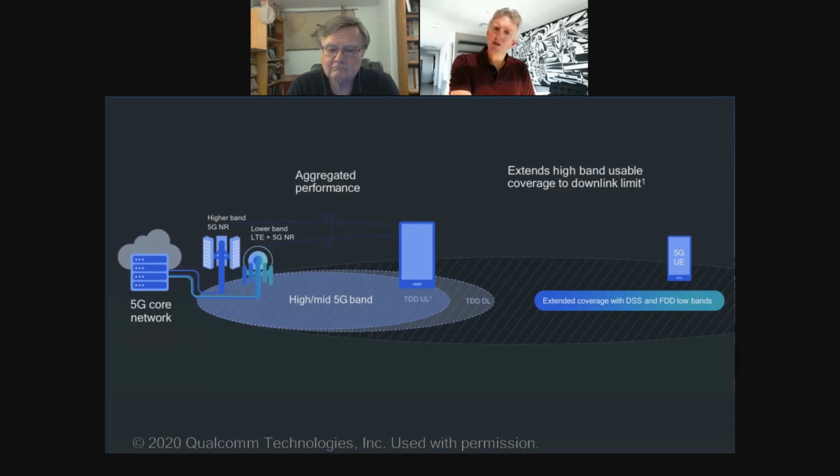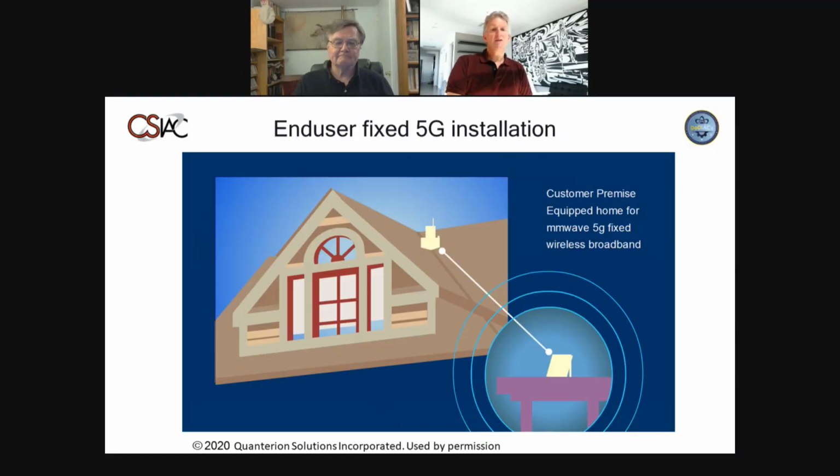So let me show you just a really quick example of what one application might look like here. Okay. So here's one application where you've got one millimeter wave transmitter that's in a home. So inside this home, everything that is in that home will be connected to a 5G.